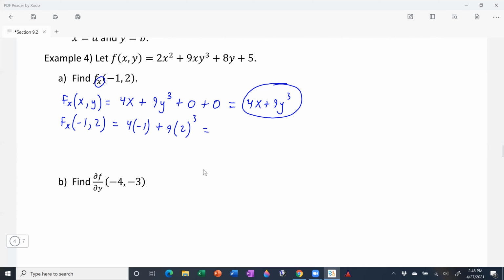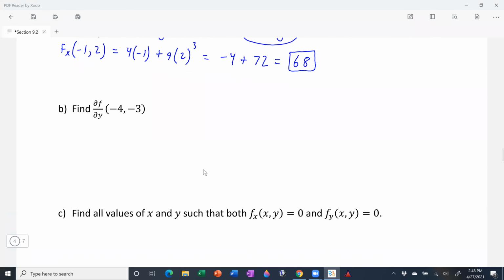That's going to be -4 plus 9 times 8, so 72. And we get 68. So that's the result. That is the partial derivative with respect to x evaluated at -1 for x and 2 for y.